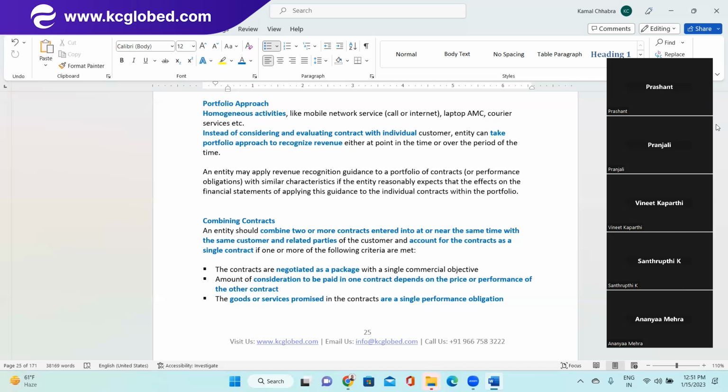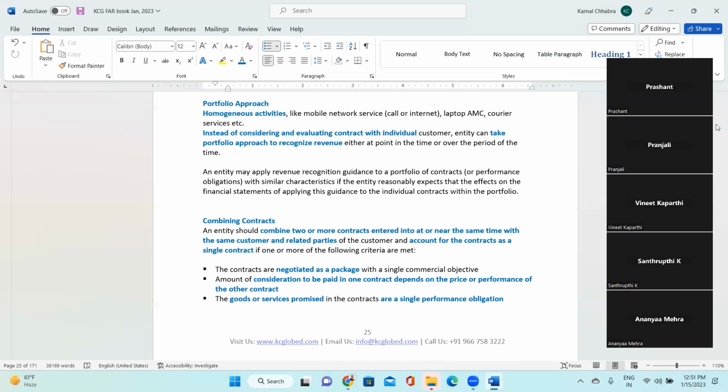Accordingly, categorize that each contract of that much value should be evaluated in the same fashion and recognize the revenue in the same fashion. That is called portfolio approach for recognition of revenue of homogeneous activity or homogeneous contracts.